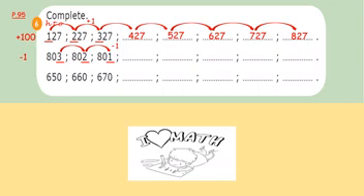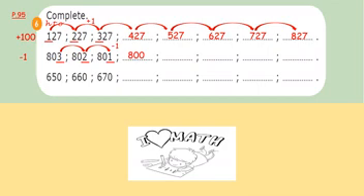Now, what is the number that comes just before 801? It's 800. Excellent. I move backwards by 1 digit, 1 step. Now, what is the number that comes just before 800? When I want to move backwards, the 0 will become 9, and the next 0 will become 9, and the 8 will become 7.